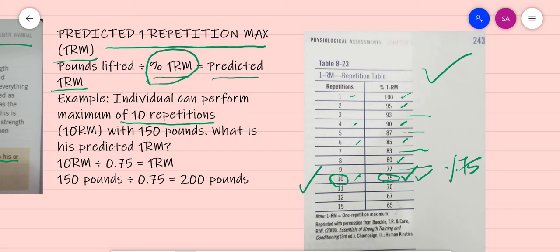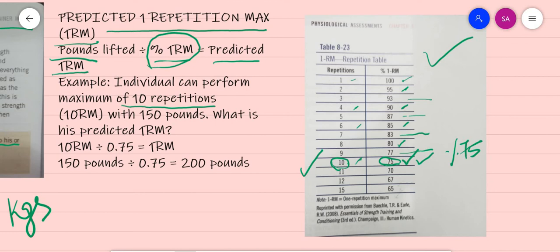The formula is pounds lifted. It can be pounds or kgs, that doesn't make much difference. You have to follow the same unit, and divide it by the percentage of 1 RM. So in this example, the individual can perform a maximum of 10 repetitions, that is 10 RM, with 150 pounds.